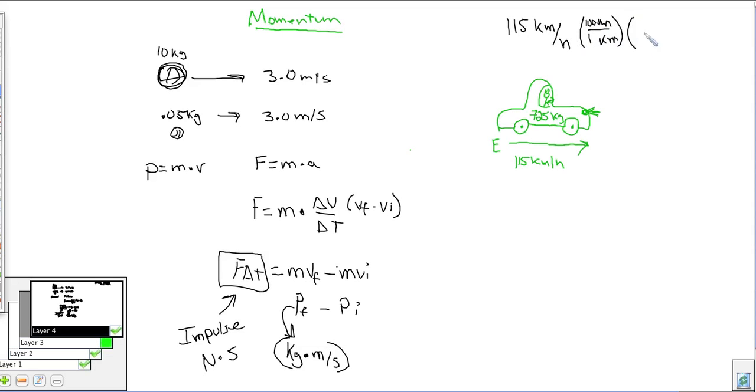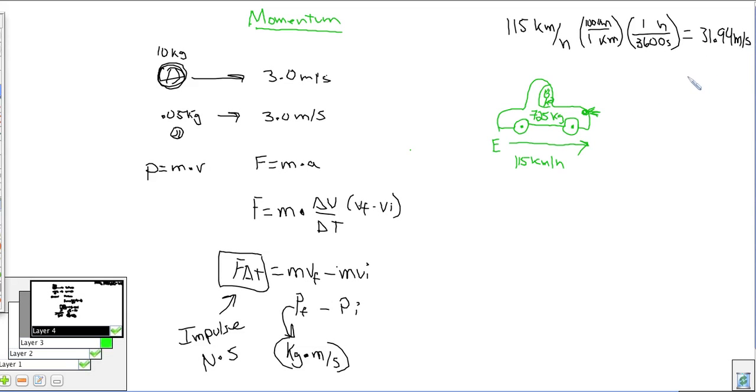And I want to convert those hours to seconds, so I'm going to say that one hour is 3,600 seconds. So if I multiply this by 1,000 and divide by 3,600, I'll find out that this equals 31.94 meters per second.